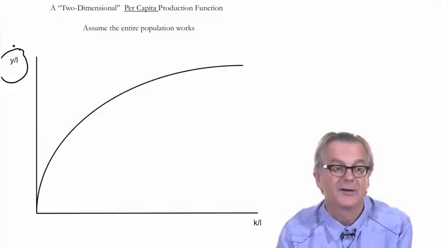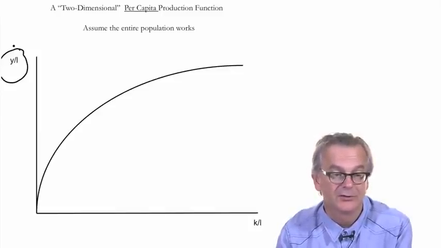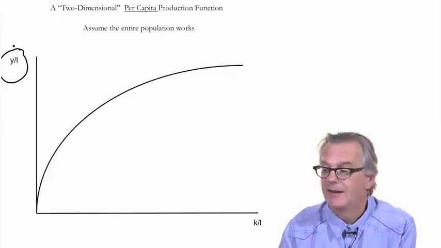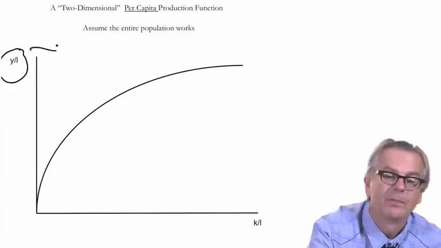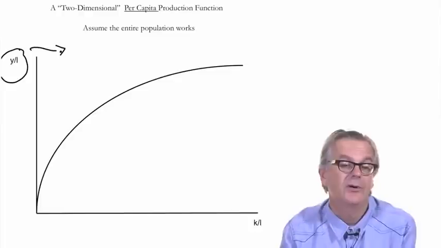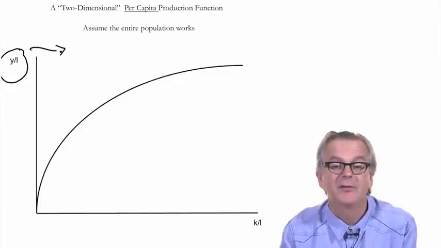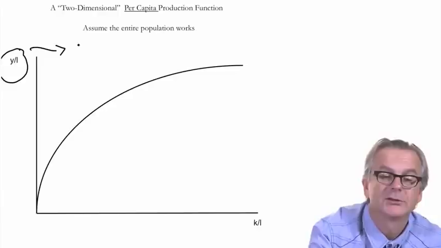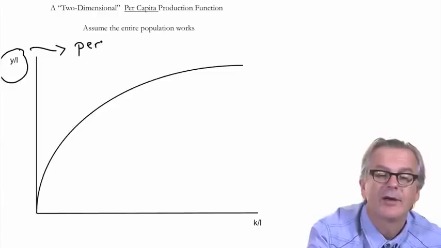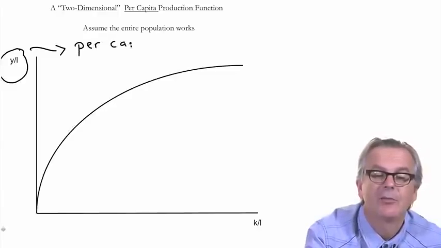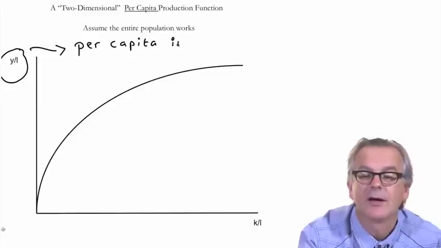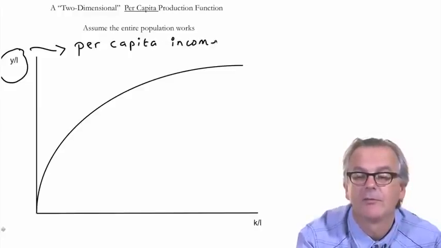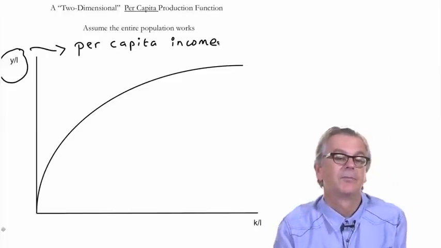So in that expression I have L. Now, L is the notation I'll use for my labour force. So what I have on that left-hand side is per capita output, or per worker output, I should probably say. But given that everybody in the population works, what I have in fact there, remembering that output and income are exactly the same things, is a measure of per capita income.